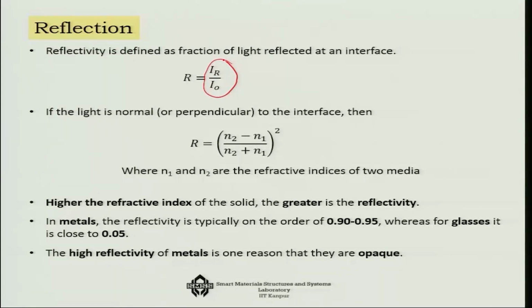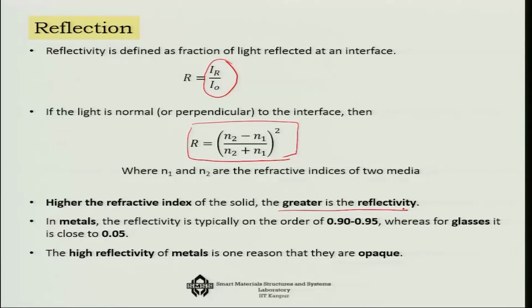So, if the light is normal or perpendicular to the interface, then the R can be actually derived to be (n2 minus n1) by (n2 plus n1) whole square, where n1 and n2 are the refractive indices of the two media. Higher is the refractive index of the solid, the greater is the reflectivity of the medium.